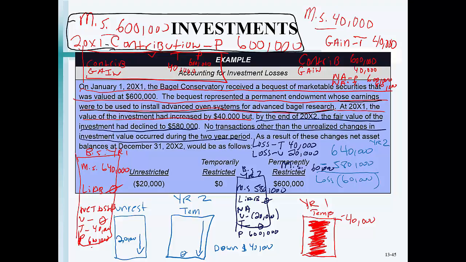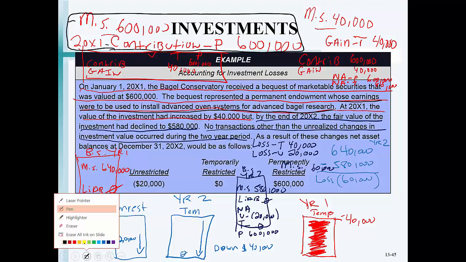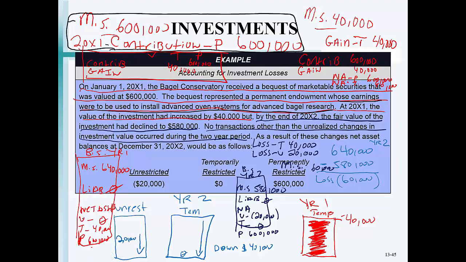So then you come over and we say, okay, at 20x1, this is the same year that we had received the investment, the value of the investment had increased to $40,000. So we had an increase in value, and they told us the increase in values need to be used for the oven research, haven't they?